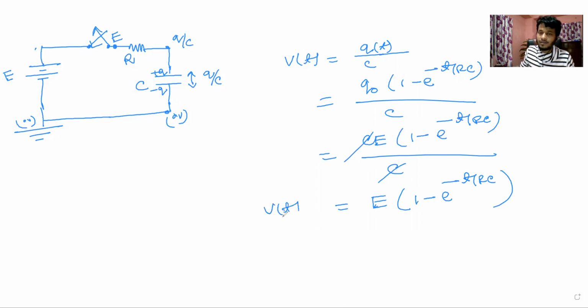So V(t), or we can say V_C(t), the voltage across the capacitor at any point of time t, is equal to this.